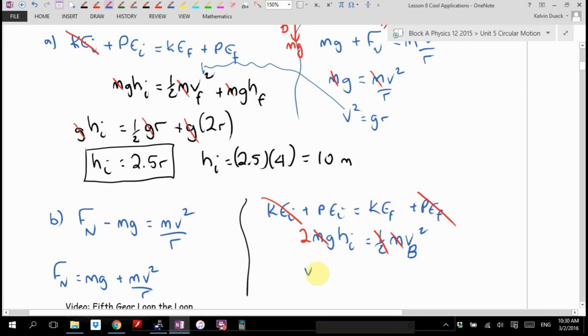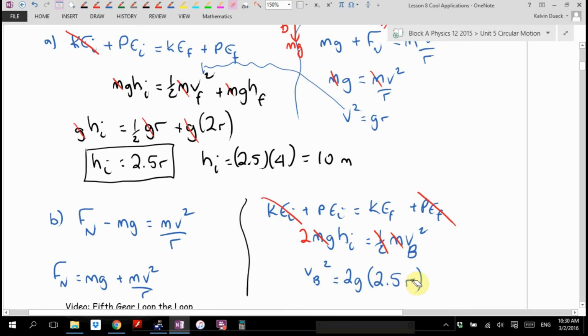What can I replace v at the bottom squared with? A 2g... Wait. 2.5 r. Wasn't that my initial height, algebraically? What's 2 times 2.5?